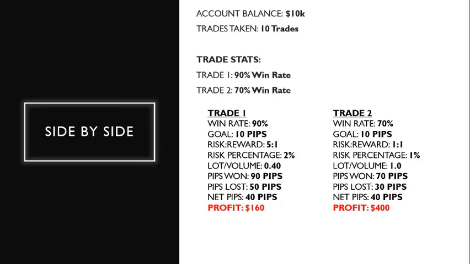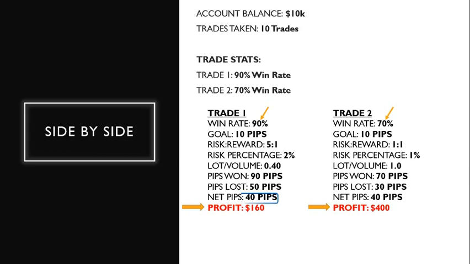You guys ready? Win rate 90%. Win rate 70%. Profit $160. Profit $400. How many more trades did we take in trade 2 than we did in trade 1? They're the same amount of trades? Okay. You're right, 10 trades left and right.